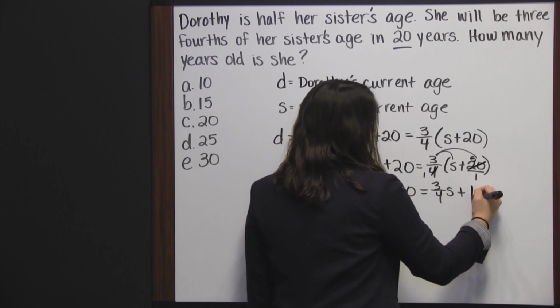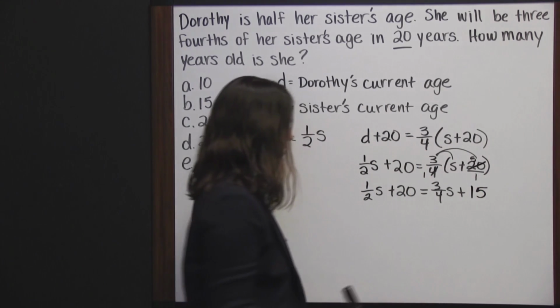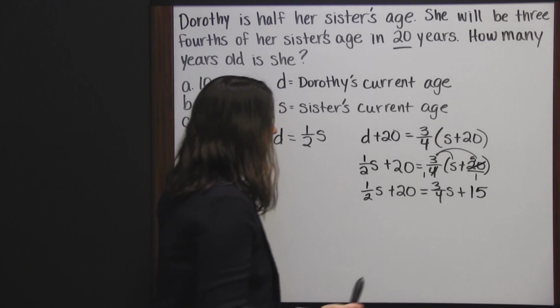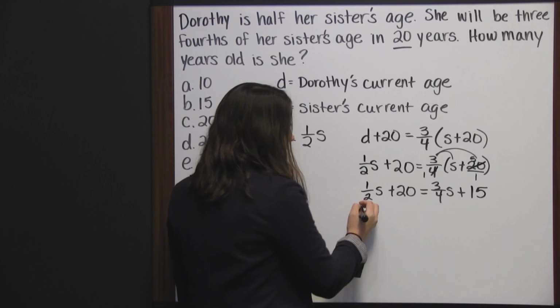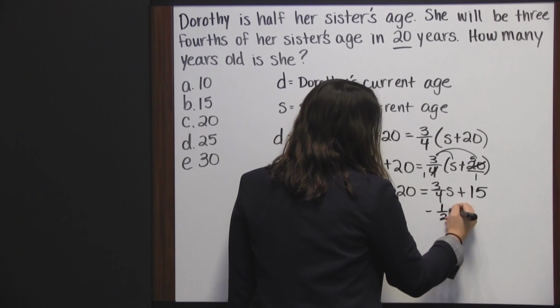So 3 times 5 is 15. 3/4 of 20 is 15. That makes sense. Okay, so we need to get all of our variables on the same side. So to do that, I'm going to subtract 1/2 S from both sides.